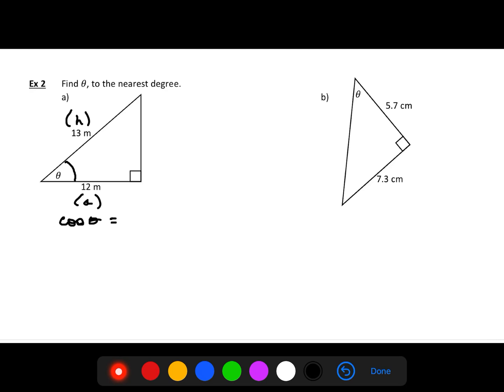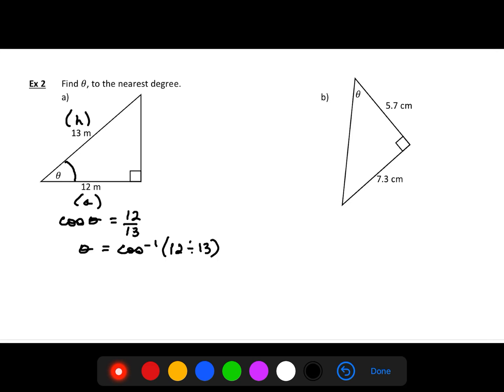Theta is used in general for missing angles. So cos of whatever angle this is, represented by theta, is equal to 12 over 13. Now 12 over 13 is going to give us our ratio. We could find this number now and then do our inverse cos, but we want this to be as precise as possible. So we're going to do our inverse cos.